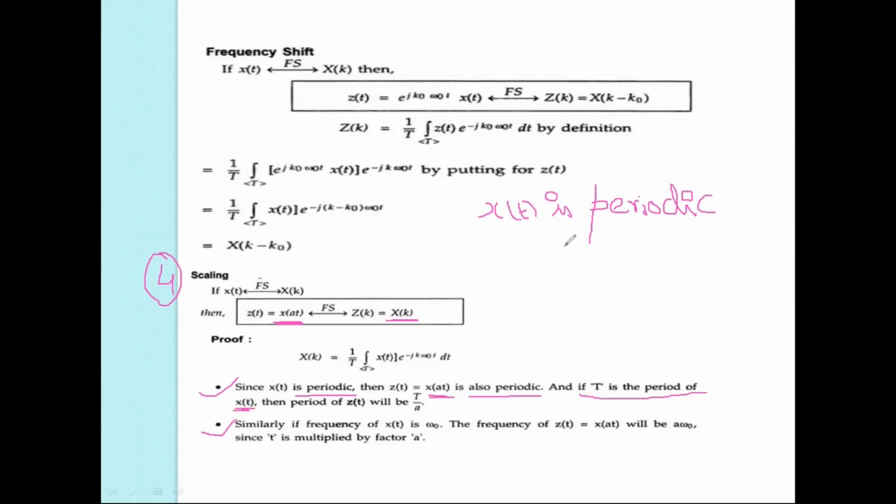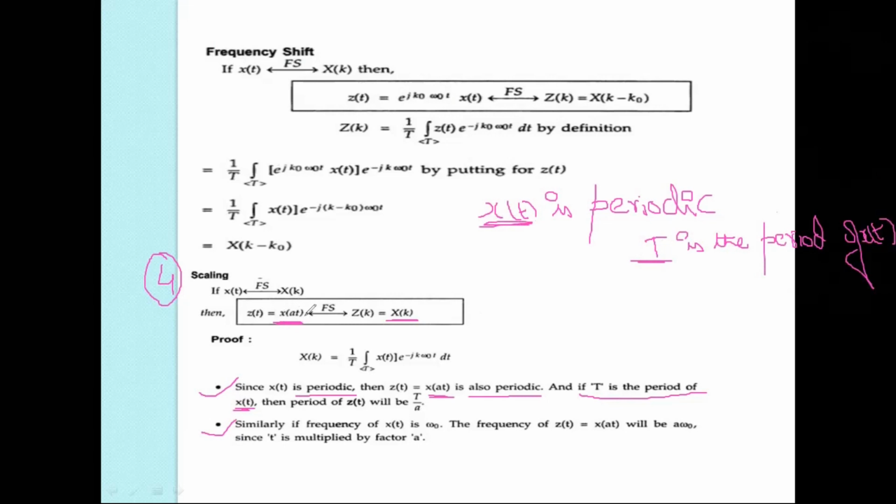In the integral, 1 by T, we are taking the capital T as the period of the x of t signal. Understood, my dear students? Because x of t is periodic.